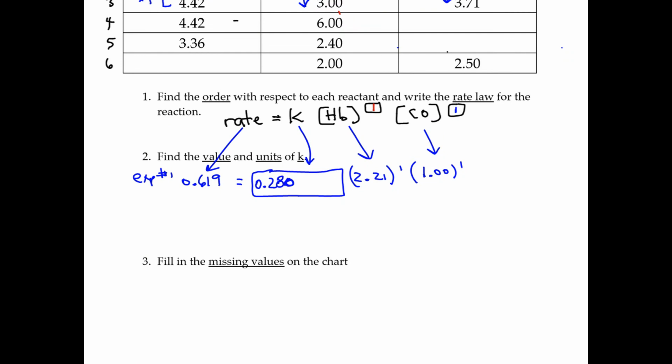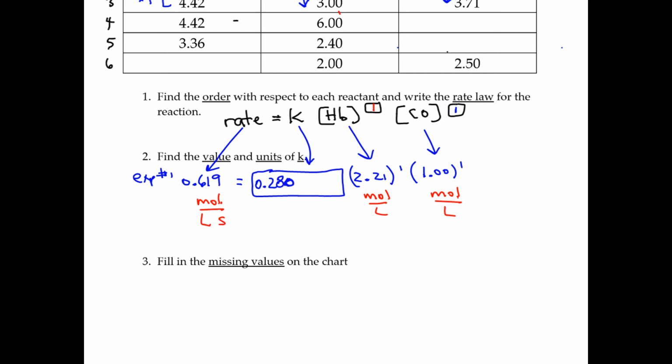So we know that hemoglobin is in moles per liter, raised to the first, and we know that CO is in moles per liter, raised to the first, and we know that the rate is in moles per liter per second.